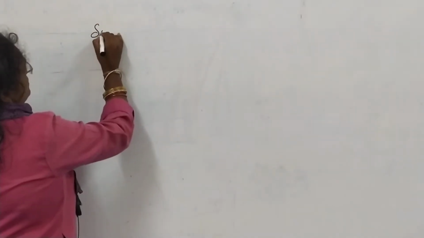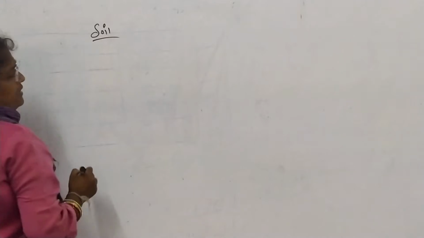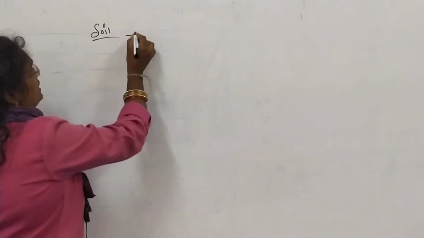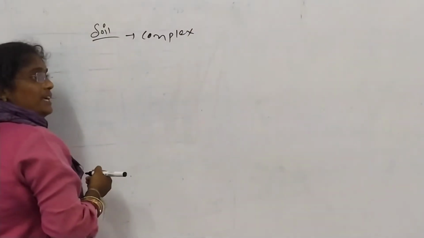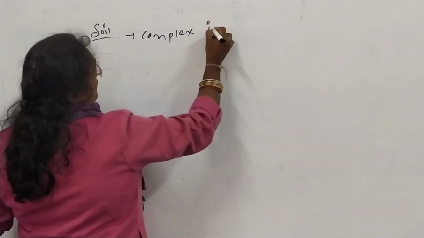See, I have already told you soil is not a simple structure. Whenever we go for construction, you will have beams, columns, and one designed structure. But here the soil is complex in nature.